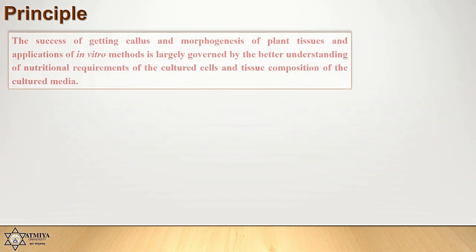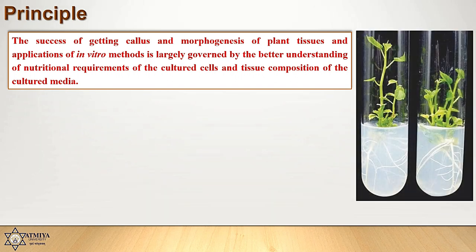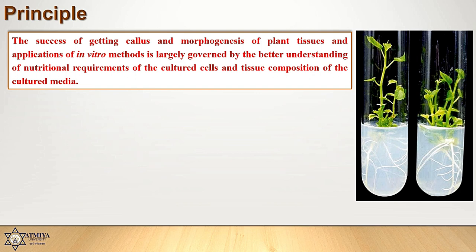Principle. The success of getting callus and morphogenesis of plant tissues and applications of in vitro methods is largely governed by the better understanding of nutritional requirements of the cultured cells and tissue composition of the cultured media. Although the basic requirements of the cultured plants are similar to that of whole plants, the nutritional requirement consists of inorganic salts, carbon, and energy source, vitamins, and phytohormones, other components including organic nitrogen compound, organic acids, and complex substances.